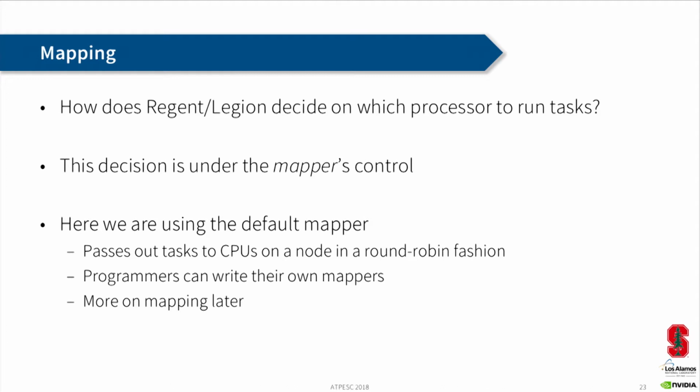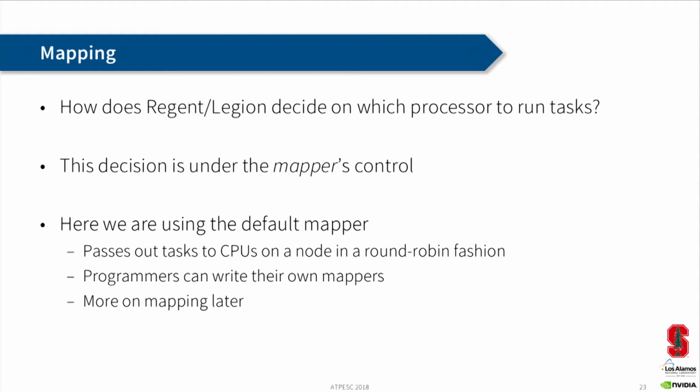But that doesn't mean that you have to write a mapper from scratch all the time. So we provide the default mapper, which does some round-robin scheduling of tasks across available processors. So this default mapper works pretty well for most cases, but it's almost certain that you need a custom mapper once you start doing serious performance tuning.